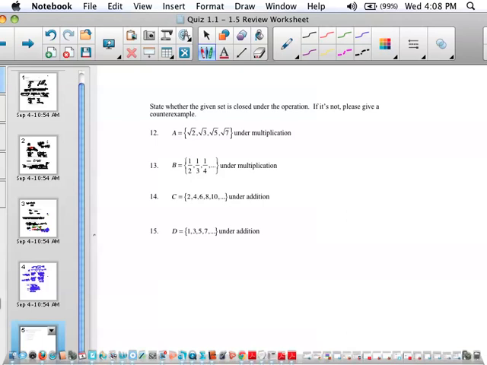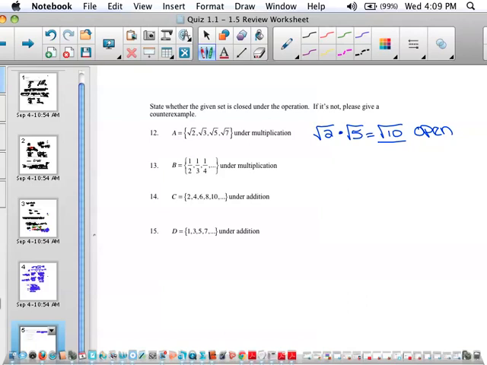So that means I can choose any 2 elements from this set, perform the operation multiplication, and if I don't get an element in that set, then the property of closure is not true. So this is an open set because the operation generates an element that's not in the set.